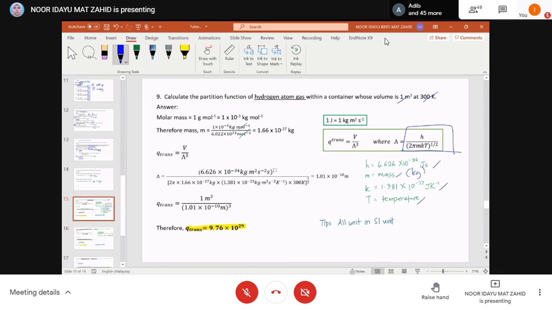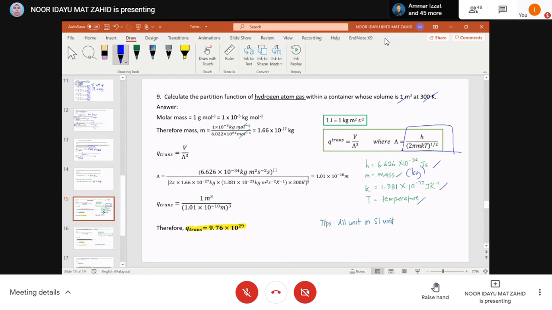T is the temperature. My tip for you to solve this calculation for q trans is to make sure everything is in SI unit so that you can easily cancel off, because the molecular partition function should be unitless. It shouldn't have any unit.